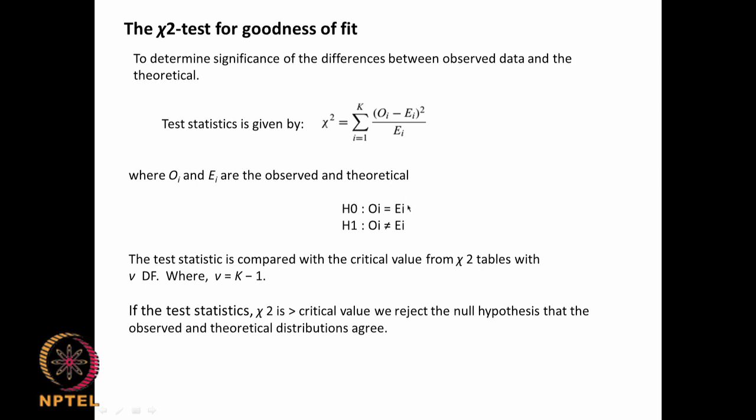The null hypothesis here is observed is equal to expected, and the alternate is observed is not equal to expected. Again we look at the degrees of freedom, which will be k minus 1, and if the test statistic is greater than the table or critical value, we reject the null hypothesis.